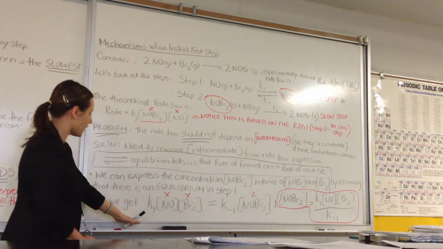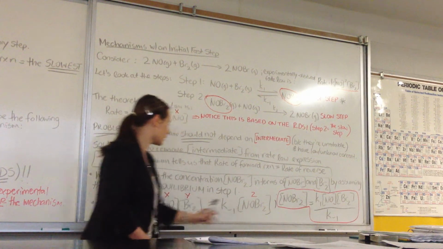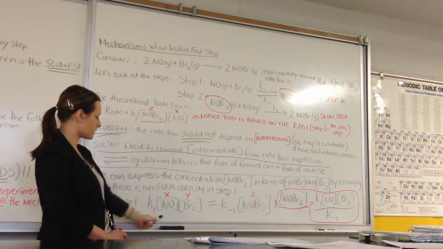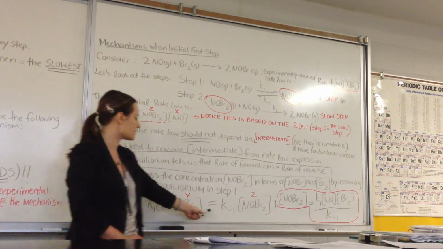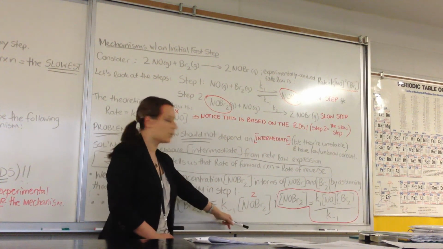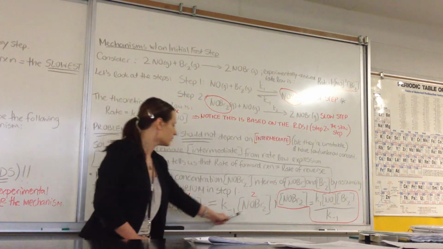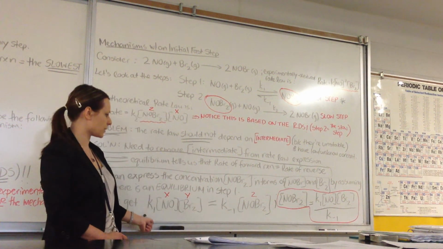The way we do that is we show rate of the forward reaction equals the rate of the reverse, which we showed k1 times NO times Br2 is equal to k negative 1 times NOBr2. Notice that these are both the reactants with both of the equilibrium expressions.